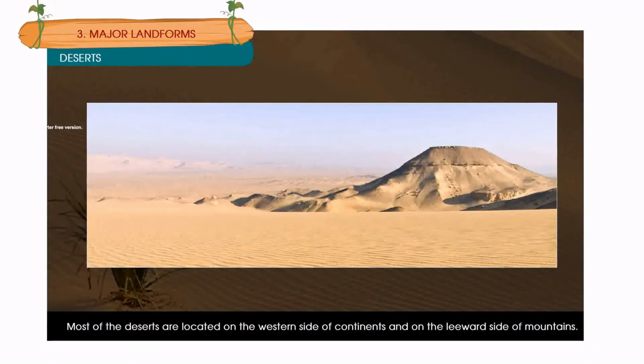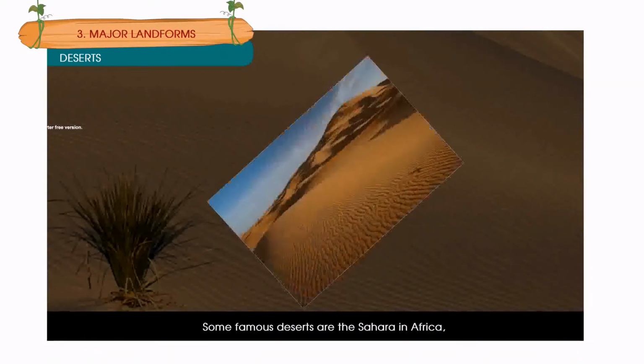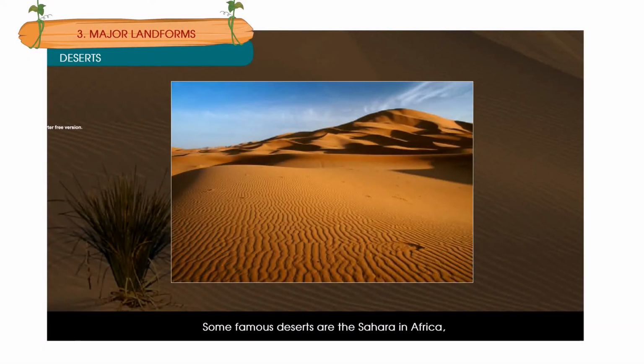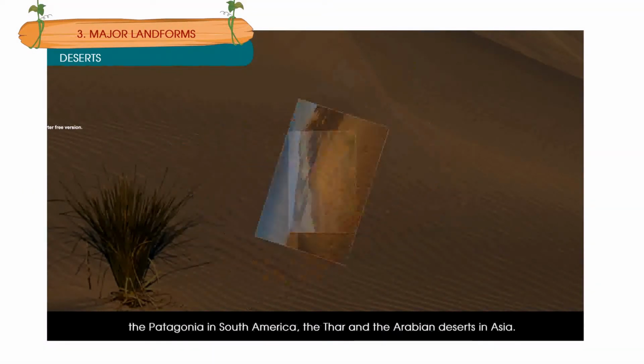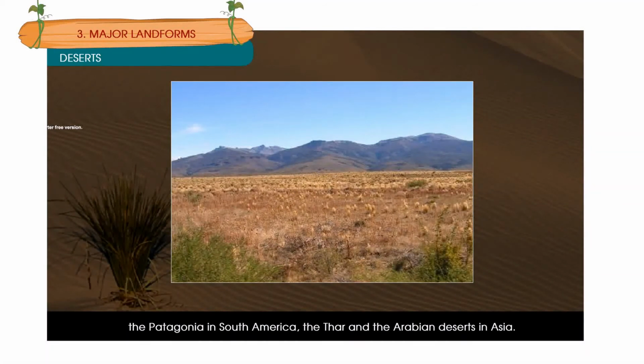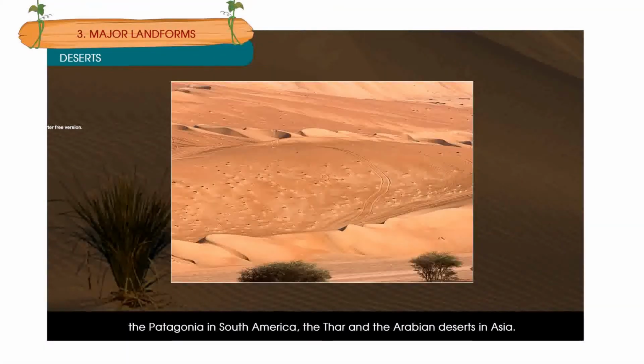Most of the deserts are located on the western side of the continent and on the leeward side of mountains. Some famous deserts are the Sahara in Africa, the Patagonia in South America, the Thar and the Arabian deserts in Asia.